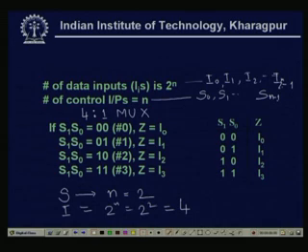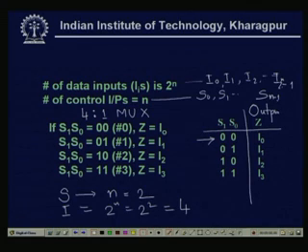So, as we said on the earlier slide, if S1 S0 is 00, then my output Z will be I0; if it is 01, output is I1; if it is 10, output is I2; if it is 11, output is I3.